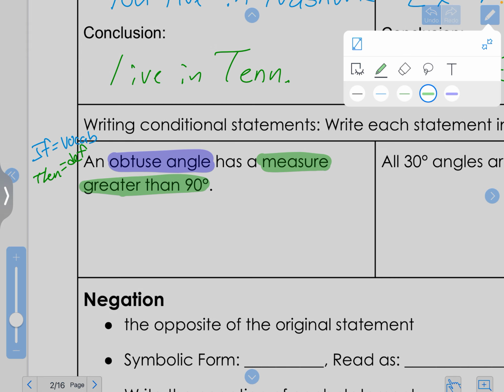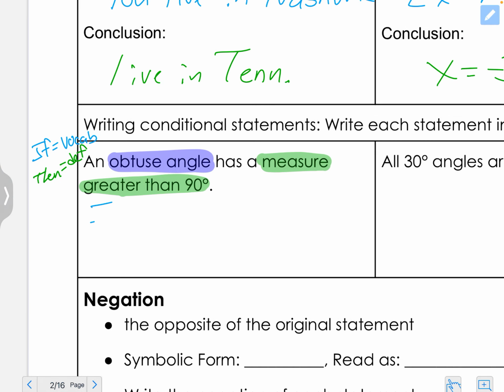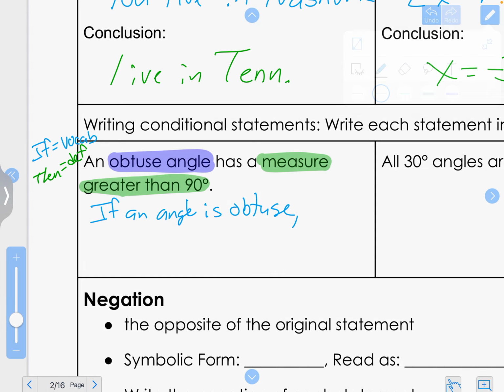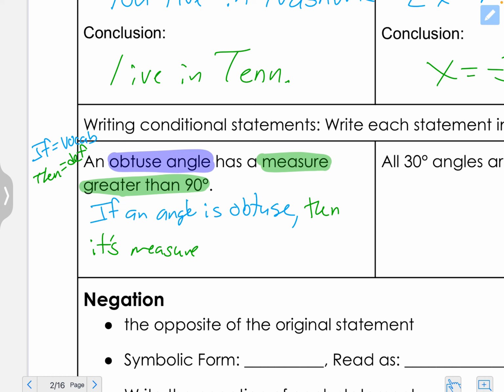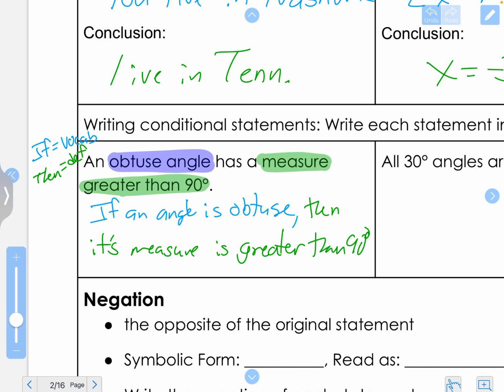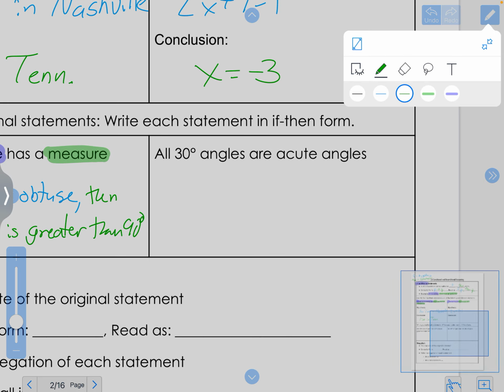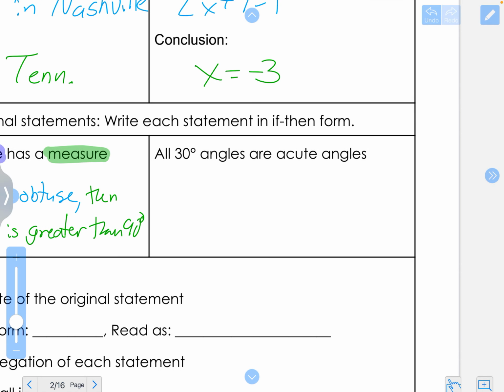If we write this into an if-then conditional statement: if an angle is obtuse, comma, then its measure is greater than 90 degrees. Again, our vocab word is going to be our if statement.